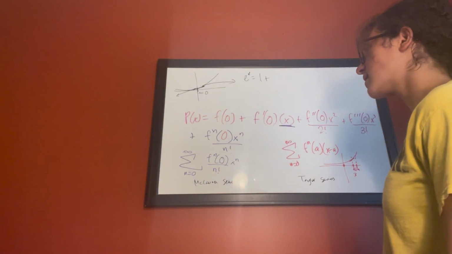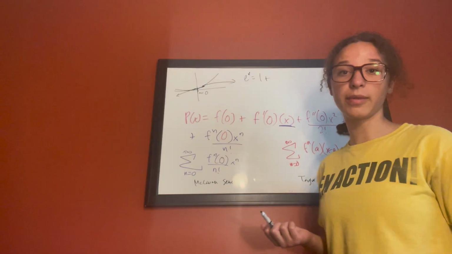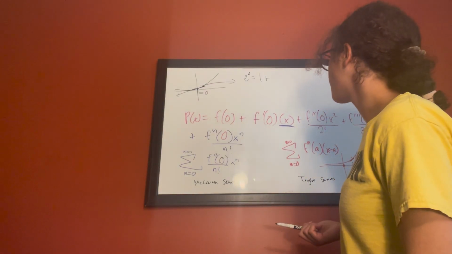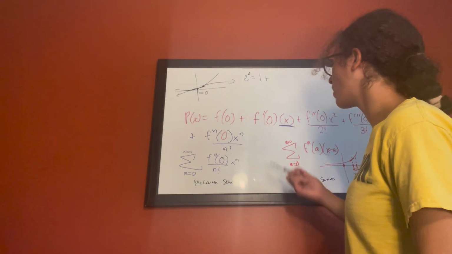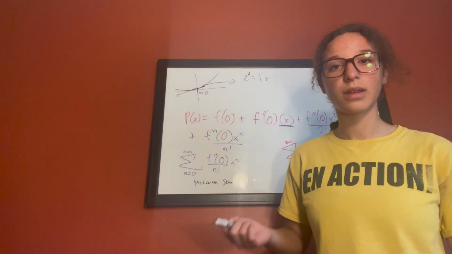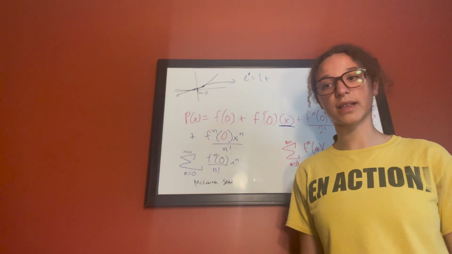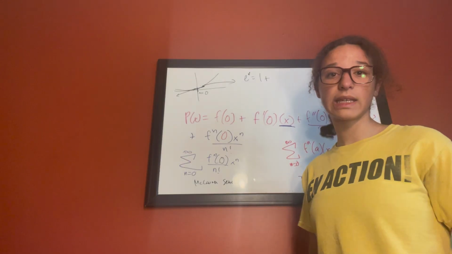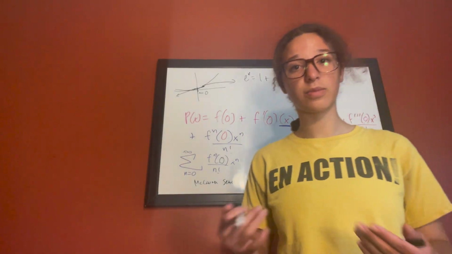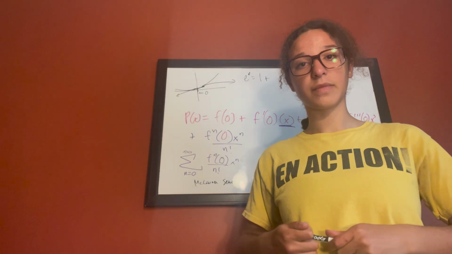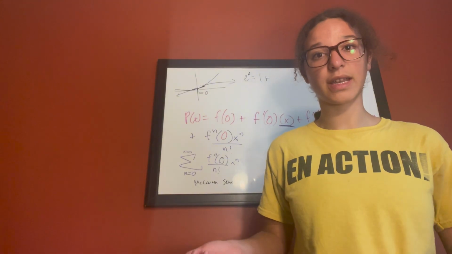So f prime of x is f prime of 0. The derivative of e to the x is always e to the x. If you're always taking the derivative at 0, because it's our expansion point, then you're always just going to get 1.